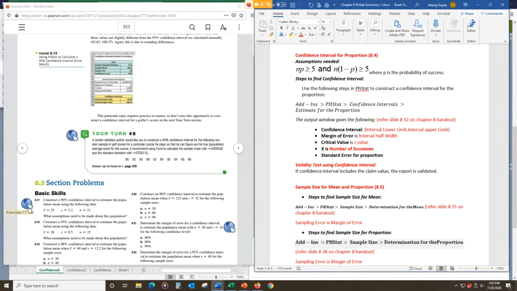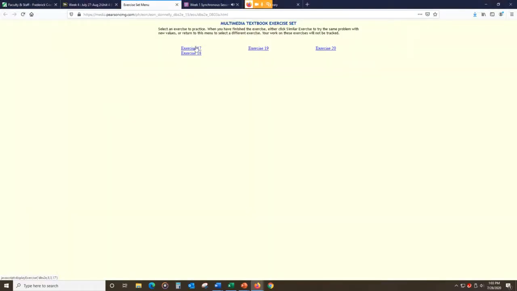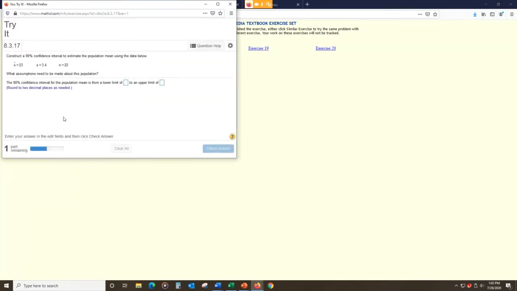So let's take this problem, 8.17. It says construct a 90% confidence interval to estimate the population mean using the data.